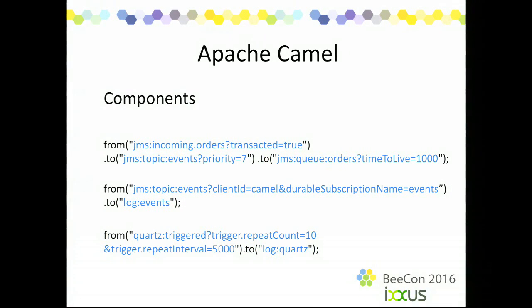Something very cool that Apache Camel has as well is the concept of components. You can have out-of-the-box integration with different components like Amazon S3, Amazon SQS, Activiti, MongoDB, Google Drive, JMS, Quartz.